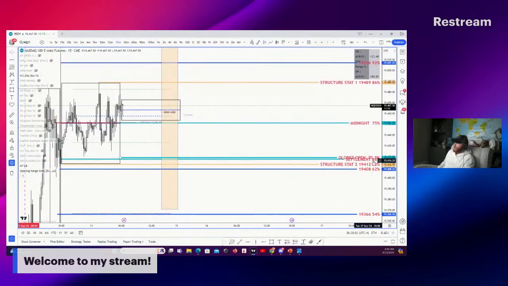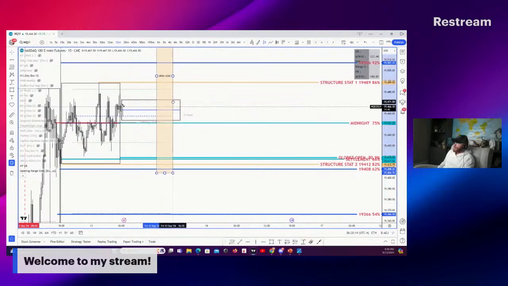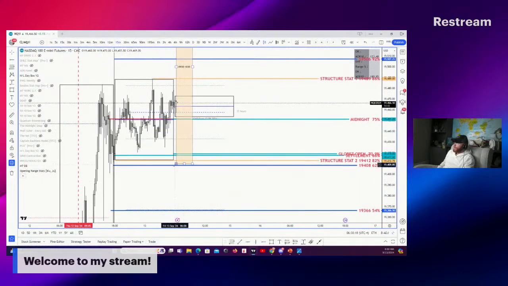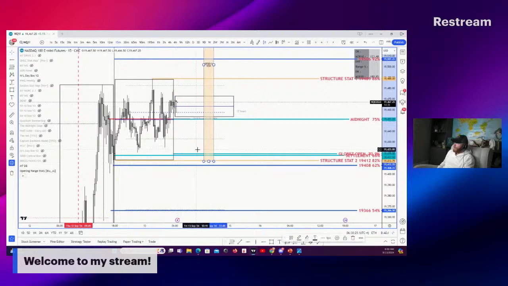If we look right here, we have Globex open, 70%, settlement, 66%, structure stat 2, 82%, and then projection base 1, 62%, right? It's pretty reasonable to say that during 930 to 1030, the most volatile time of the day, to expect a fake move or whatever you guys want to call it. I just call it a move right here.